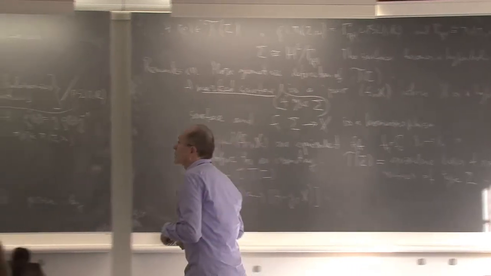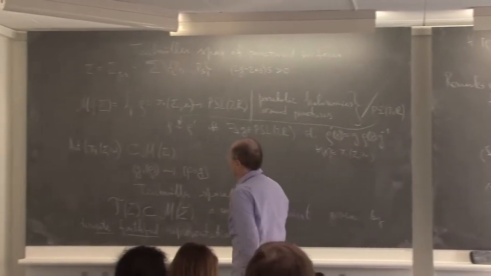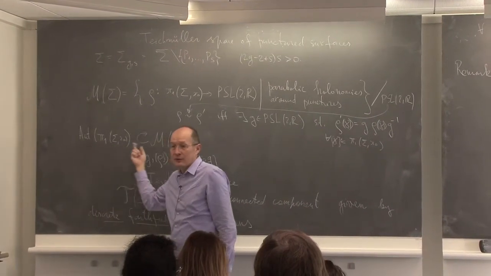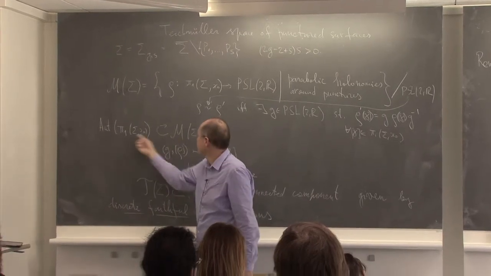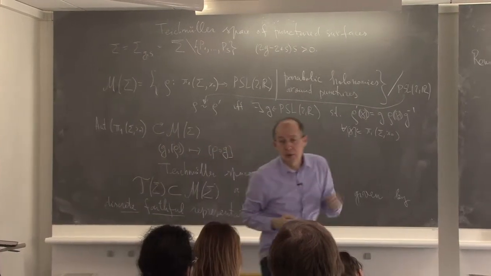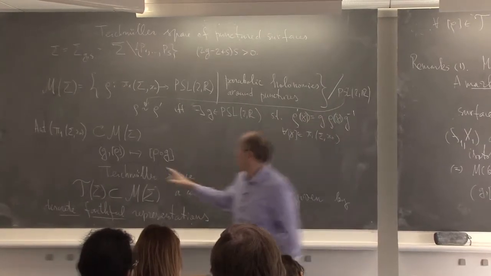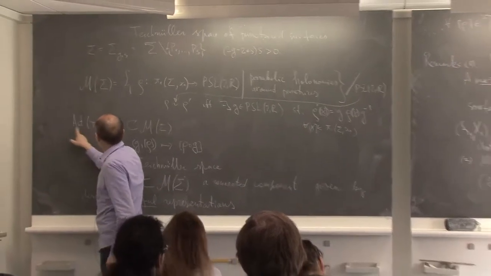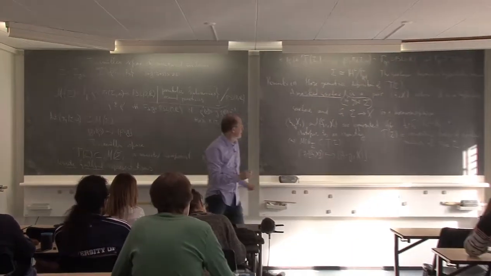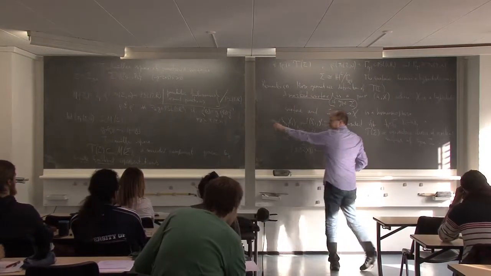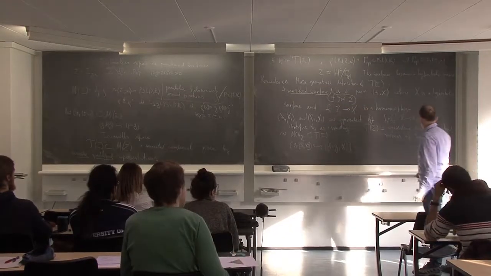So the action of the mapping class group induces an automorphism of the pi1. And if we compose this action with the embedding of the mapping class group into the automorphism group of the pi1, then this action is identified with that action.